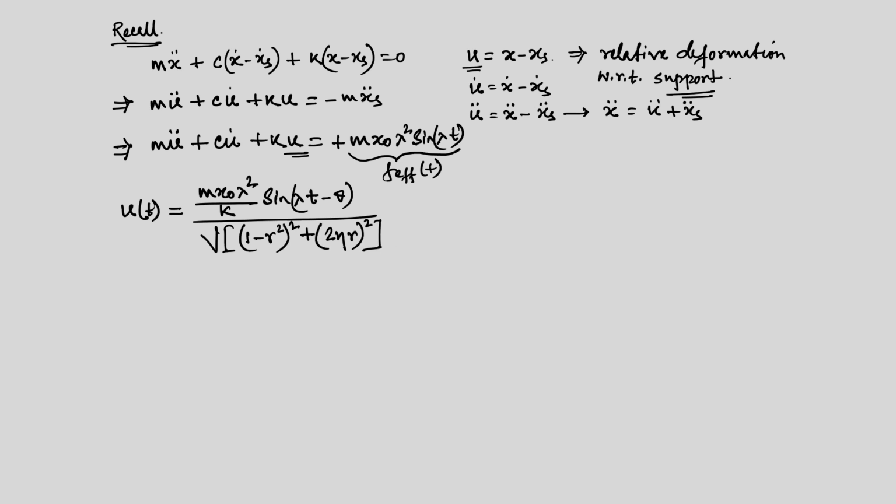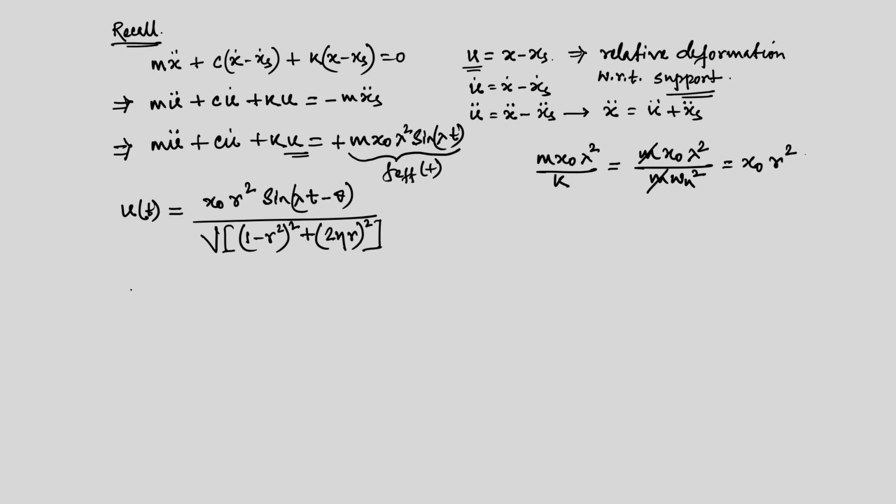Now, if you look at this expression m x naught lambda square by k, you can simplify this because in place of k you can write m omega n square. So, this m will get cancelled. So, what we have is x naught, then lambda by omega n is r, so we have r square. So, we can further modify this expression. What we have is x naught r square.